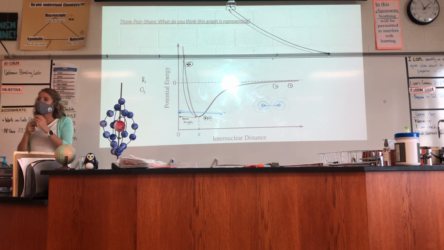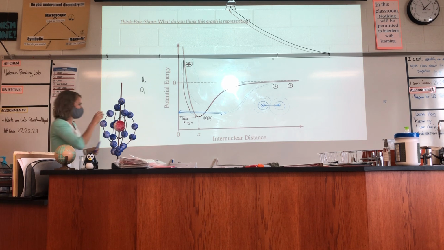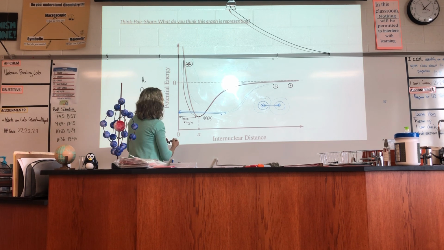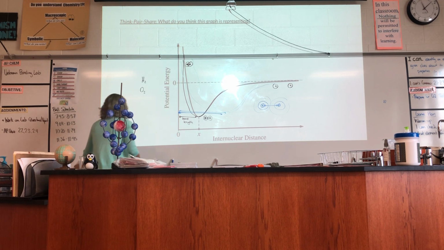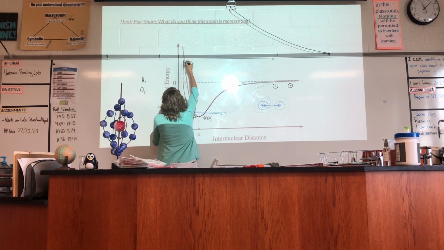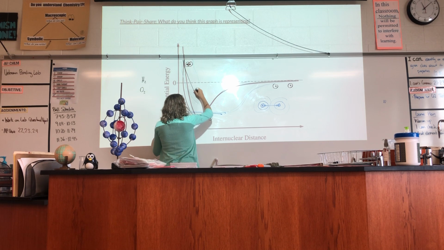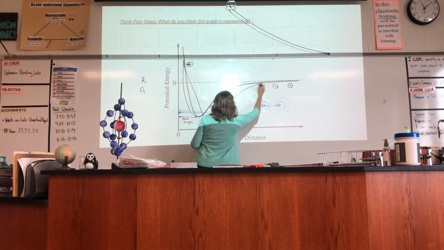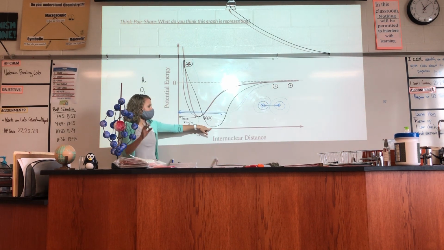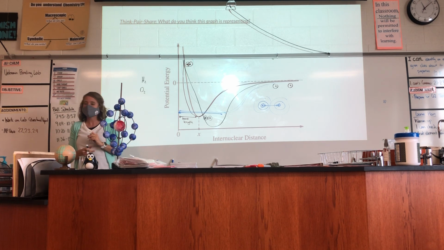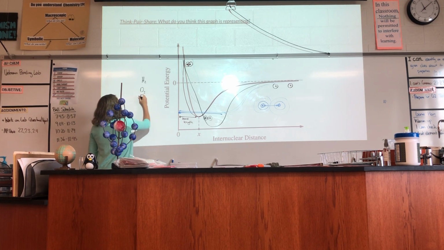Now, something we'll learn more about that could affect the scoop of the line. Let me draw a third one on here for you. What color have we used? We have black. This, relatively speaking, according to my drawing, is the line for nitrogen bonded to itself.